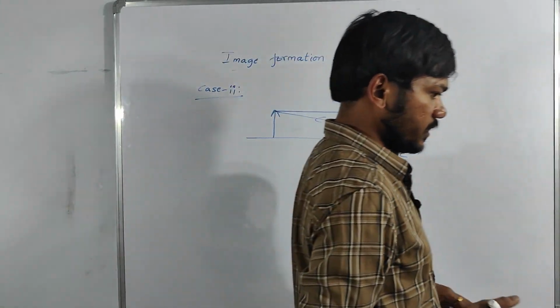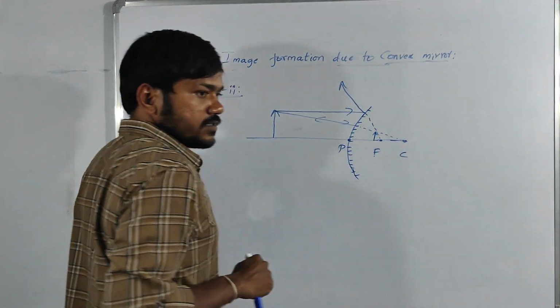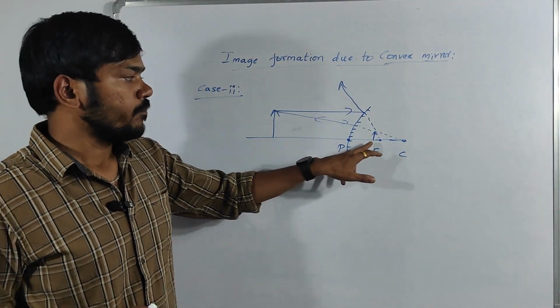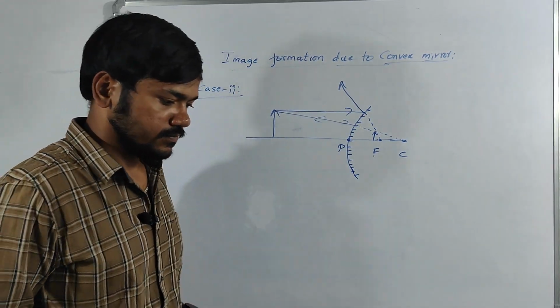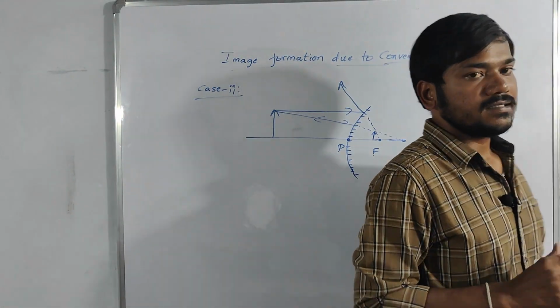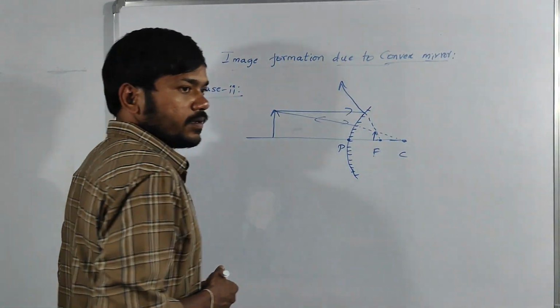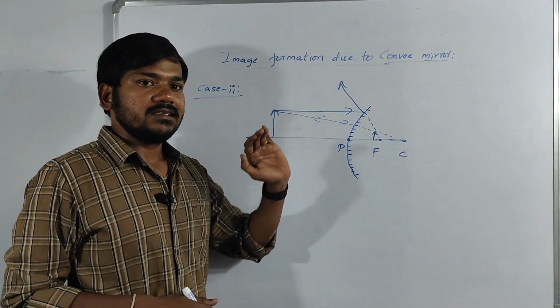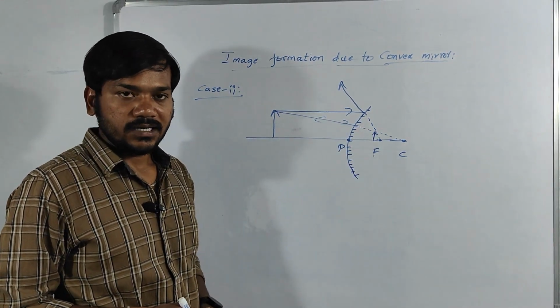Now if you consider this image, how is the image? Image is virtual. The second thing is, image is diminished. It is smaller in size. The third thing is, it is erect. It is virtual, it is erect, it is diminished, and it is formed behind the mirror. So as we can say behind the mirror, but it is actually formed on the mirror itself.